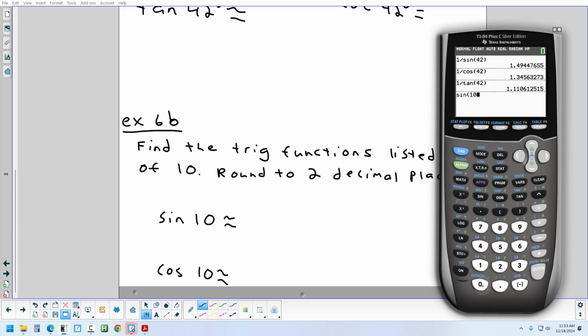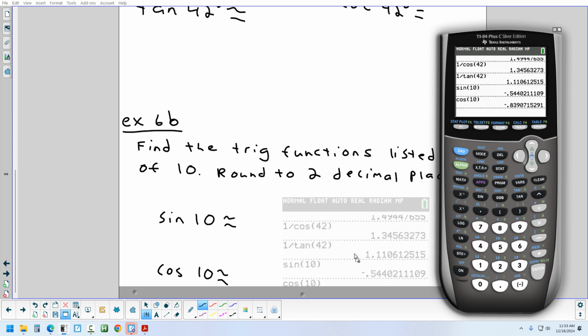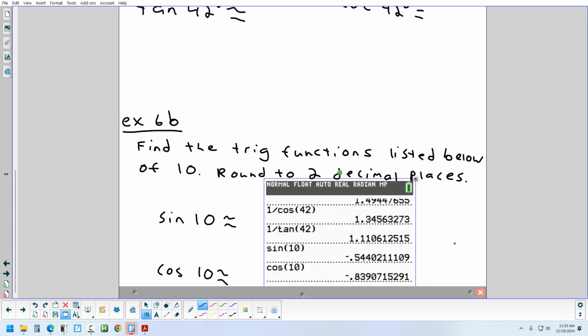So the sine of 10 and the cosine of 10. And those are your two answers. Any question on that one?